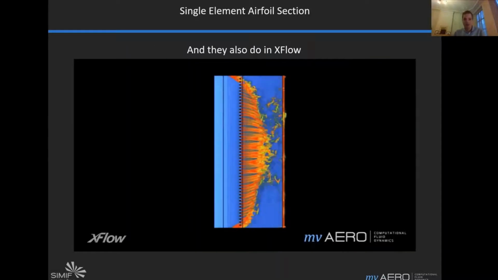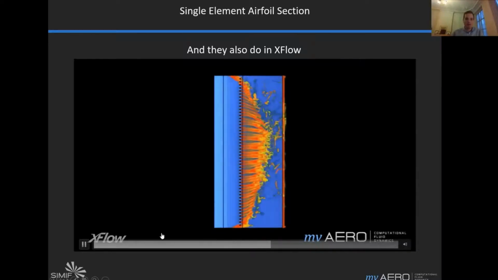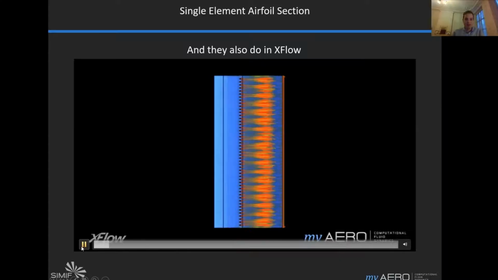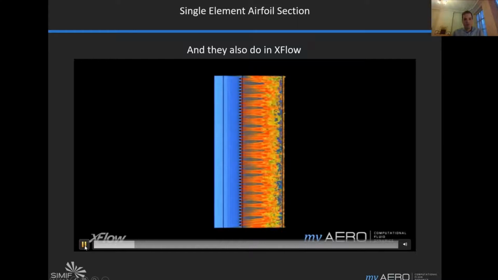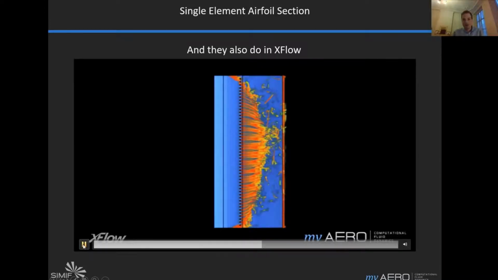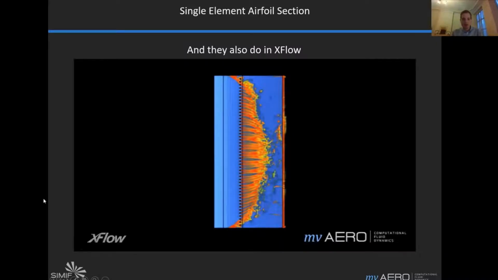This is a movie I made about that, and one of the things you can see if we pause it here at a very early stage, the flow starts out to be quite homogeneous along the span, but as time moves on, these wall effects start to creep in from the sides, and we get a non-homogeneous flow along the span.